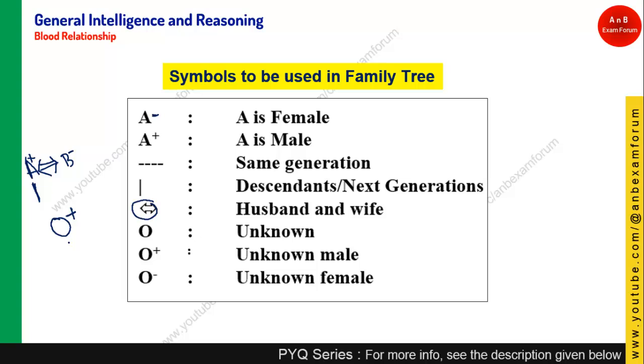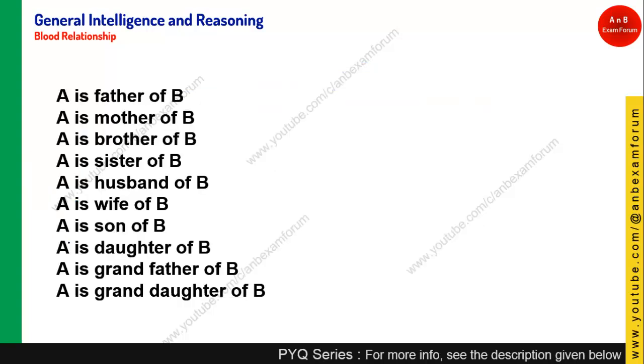Let's make a few relationships using those symbols. A is father of B. How to make it? They have not told us whether B is son or daughter, but A is father.